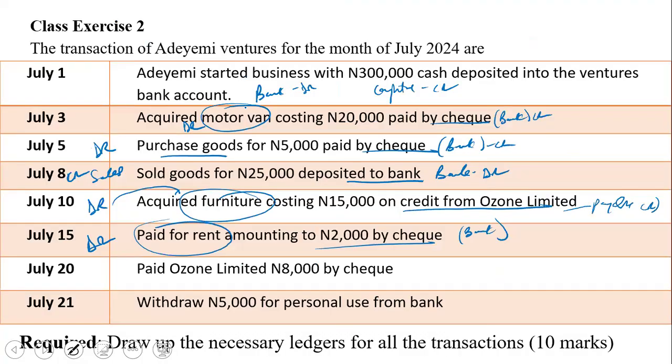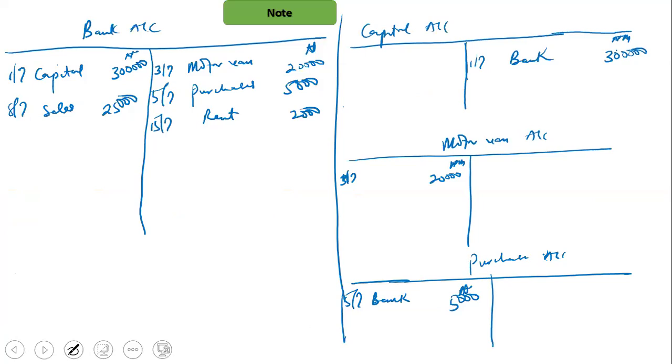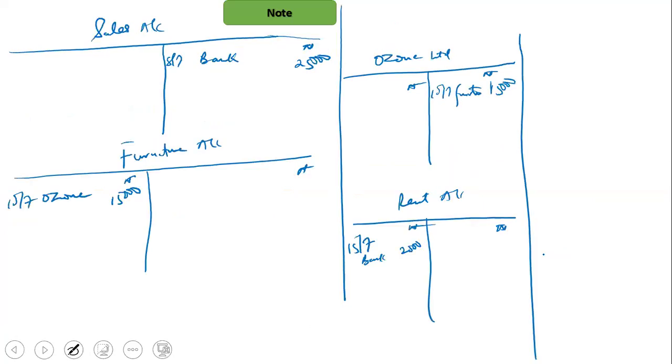No. July 20, we paid Ozone. Are you there? So, we paying Ozone means that our debt with them is reducing and our money in the bank is reducing. Don't let us forget that bank as an asset when it reduces. So I think we have both Ozone and bank. So let's go to where we are owing Ozone.